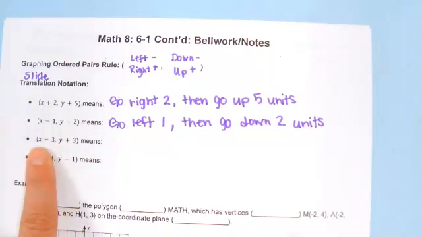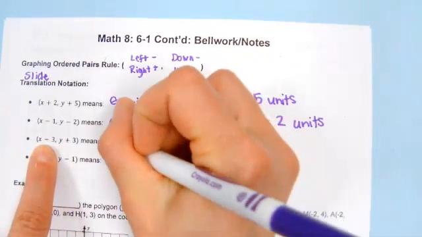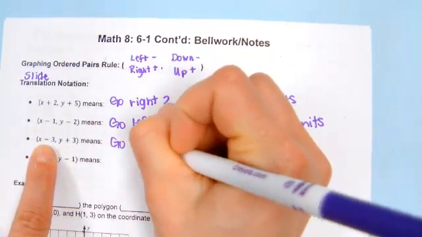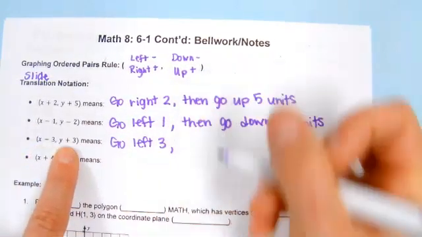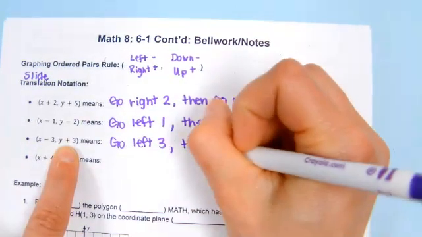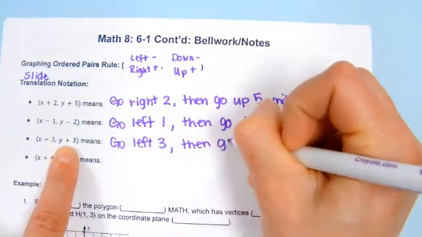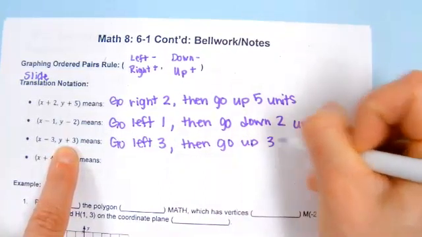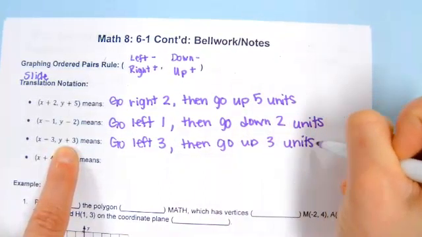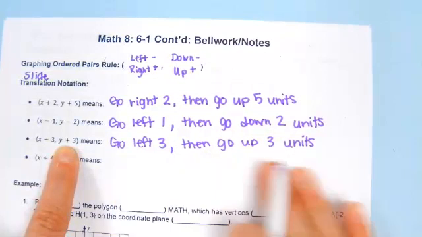So you can have a combination here. Since it's minus 3, we're going to go left 3, this time. And then the next one is adding, so then we would go up 3. Okay, and so we just move every point in those directions.